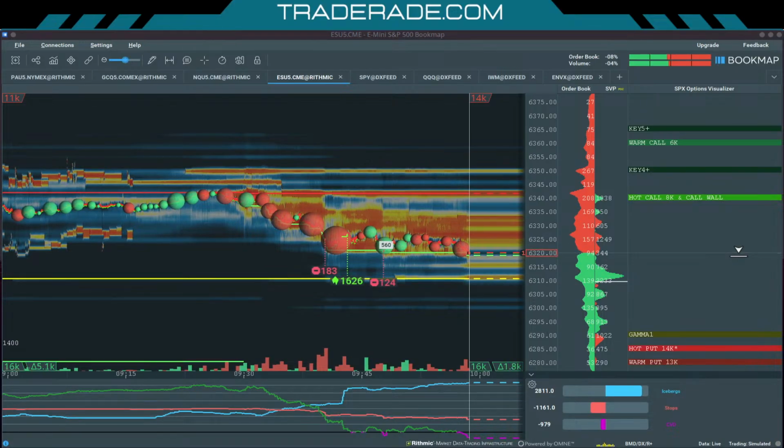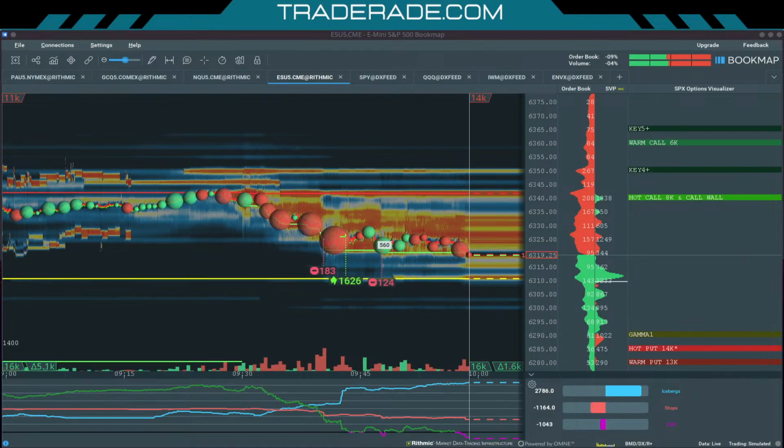We do see S&P futures now just making a new low as seller aggression picks up a little bit, and so does the put flow below. Again, seeing a decent amount of more aggressive put flow below us here.